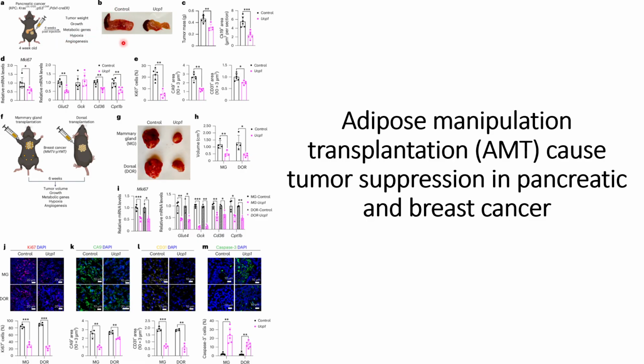In terms of tumor weight, they are able to see that tumors co-transplanted with adipose which has UCP1 upregulated show lower tumor growth compared to the control, where they used VP64 upregulated, which does not cause high nutrient consumption by the adipose.